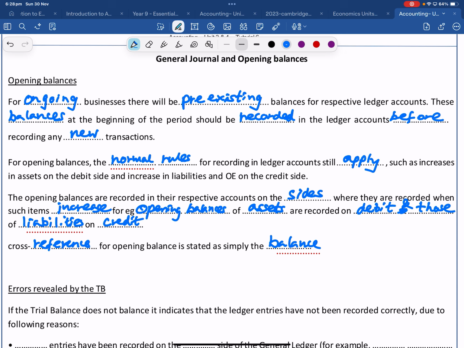If it is a bank overdraft, it will be credit, and that will be given. Inventory, accounts receivable, premises will be recorded on the debit side, whereas liabilities and owner's equity, capital, will be on the credit side. And the cross reference will be the balance.